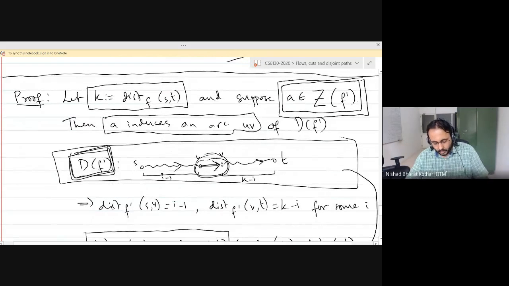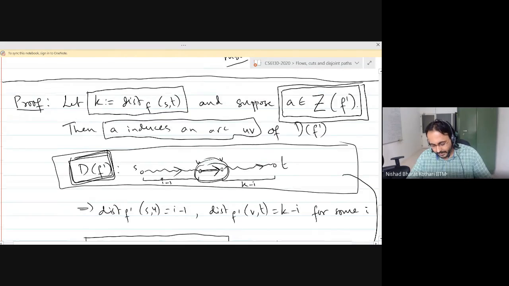Assume that K is the distance between S and T in the flow F. Now let's say we take an arc which is in the Z set with respect to F prime. So this arc induces an arc UV in the directed graph. That could be, if A is like this, UV could be in the same direction or UV could be in the opposite direction, right? So that's a key difference to remember between A and UV.